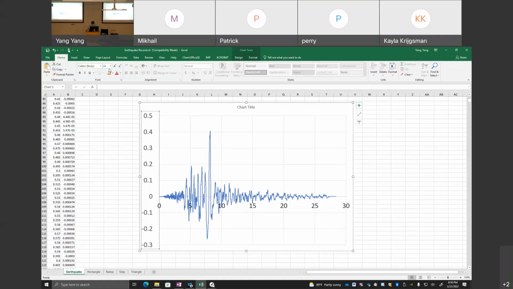So what's the unit for the acceleration? The acceleration is expressed as the ratio to the gravitational acceleration, that's g. So, for example, what's the maximum acceleration recorded over here? That's 0.4 g.